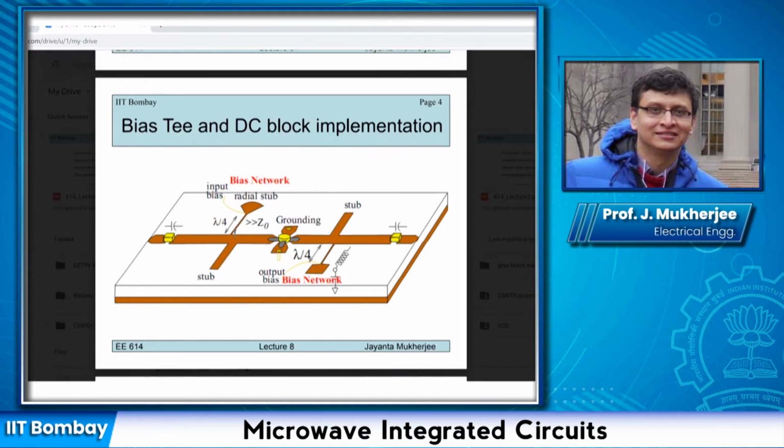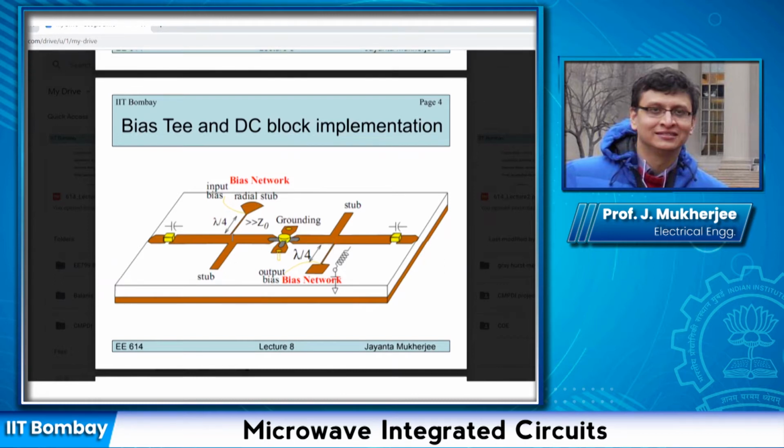Similarly, this thin strip is also lambda by 4 long with very high characteristic impedance, which is obvious from seeing how thin this strip is. Because this is quarter wavelength long and this is low impedance, the input impedance seen at this point will be the inverse of the low impedance. So we'll see a very high input impedance here. What that means is it's an RF open. So an RF signal will see an open circuit here, and similarly an RF signal will see an open circuit here.